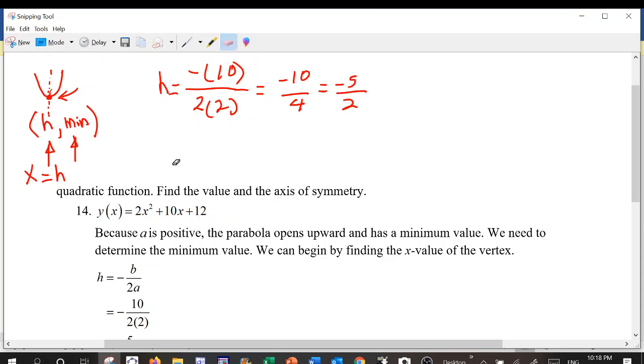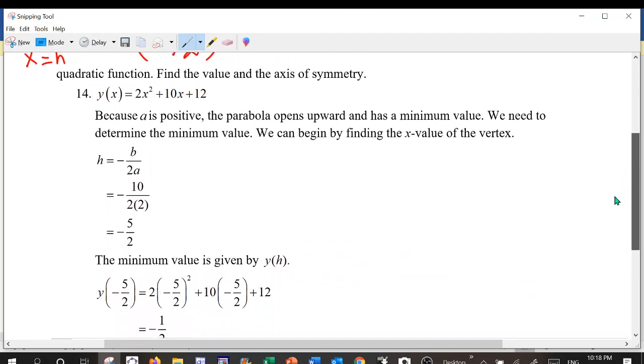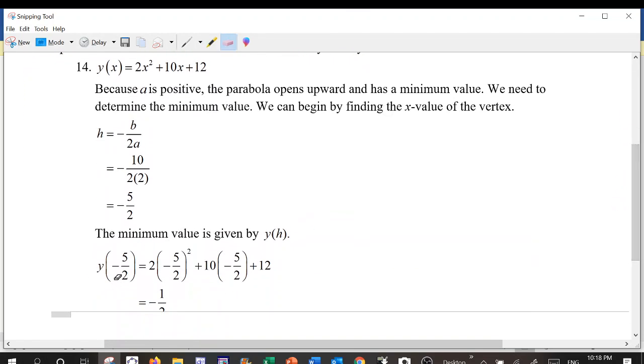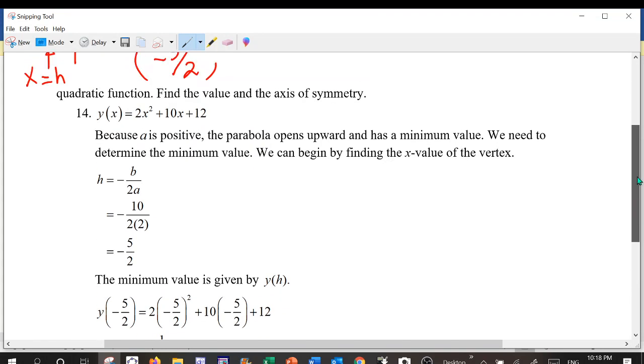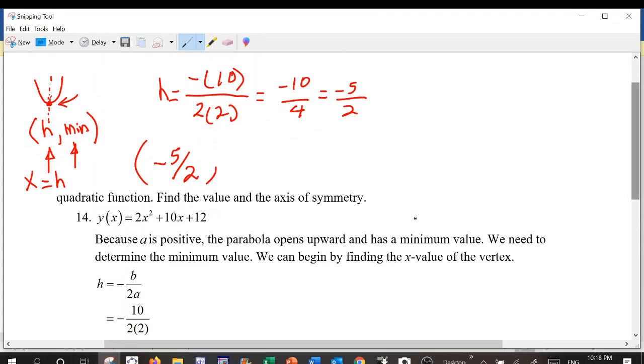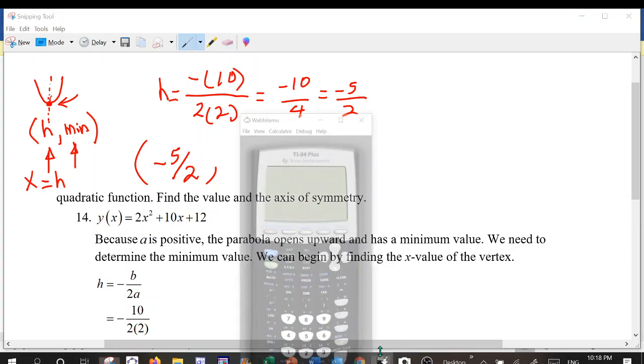So the min happens at this x value. And what is the min for this? Well, the min would be f of negative 5 over 2. If you substitute negative 5 over 2 for x and do the arithmetic, you get negative 1/2.